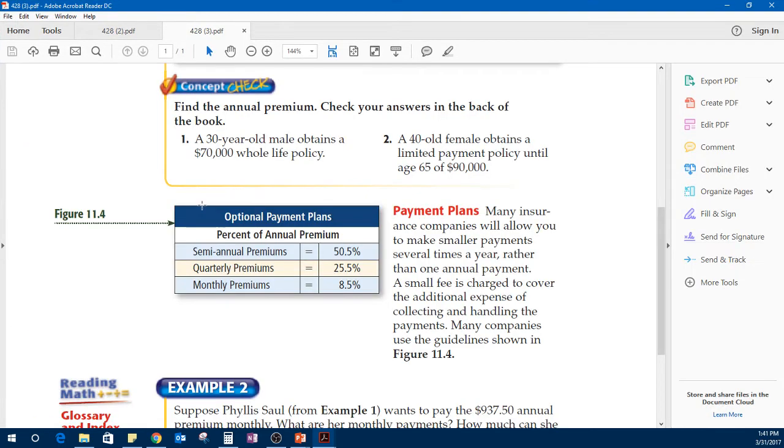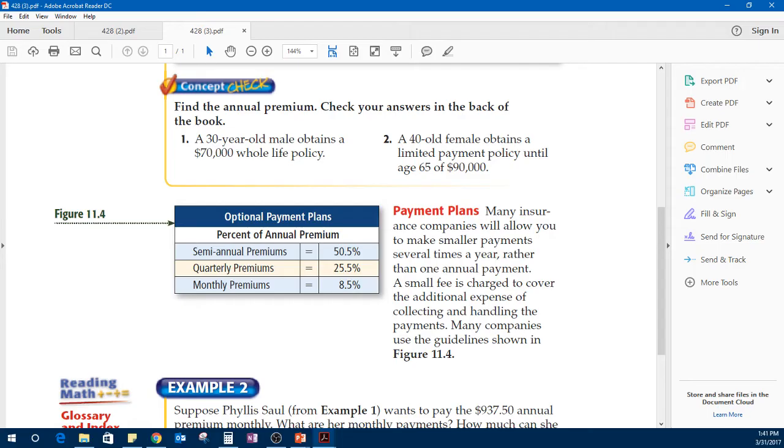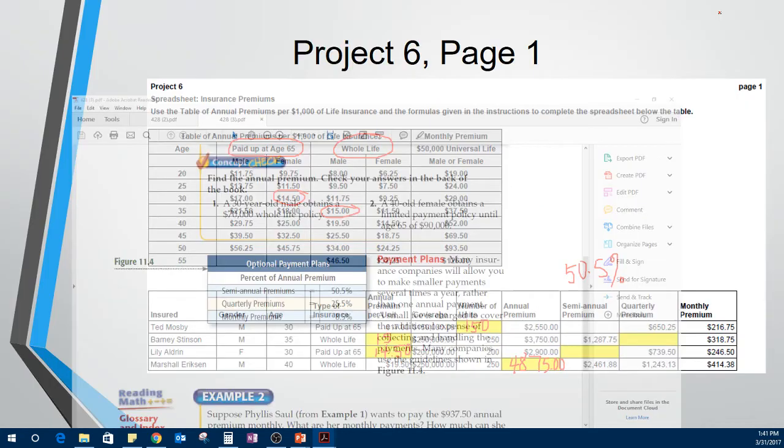If you scroll down, here is the percent. So if you notice, it says semi-annual premiums is 50.5% of the annual premium. So we're going to write 50.5 right here really quick so that we do not forget that. And then the quarterly, if you notice, it says 25.5%.